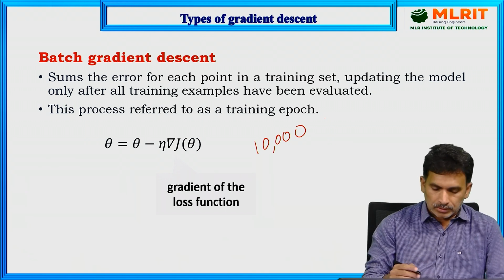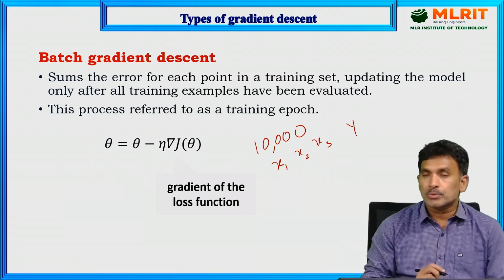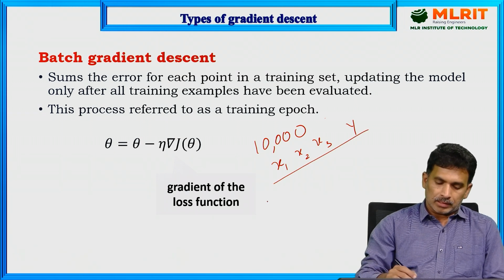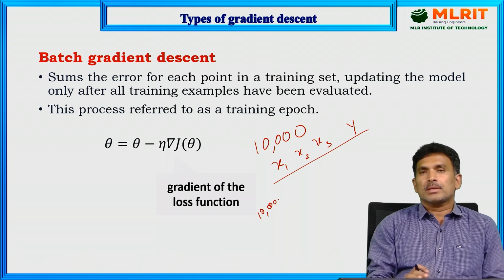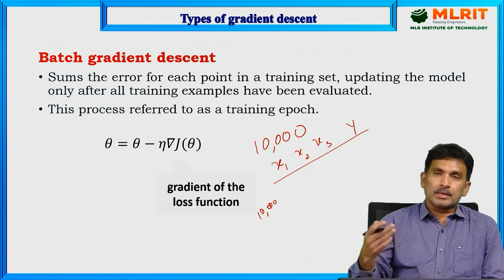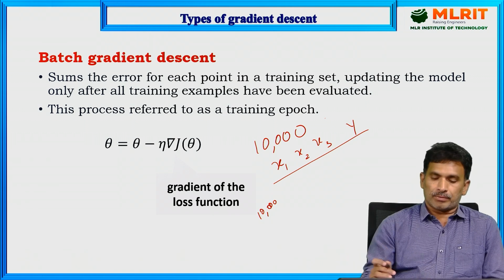Let us say there are independent variables x1, x2, x3, and there is an output variable. So there are 10,000 records with these properties, and each row, that is a sample, is going to have an output y.